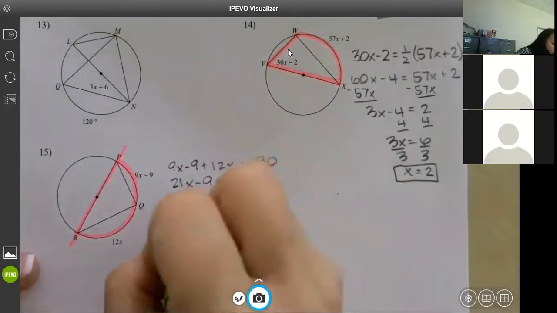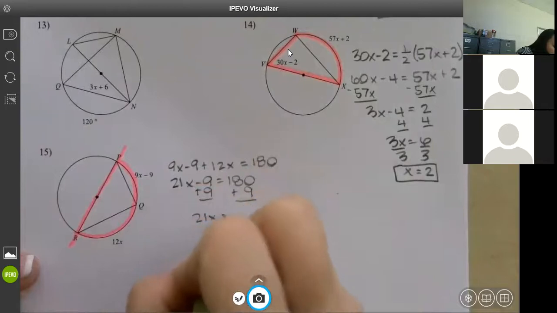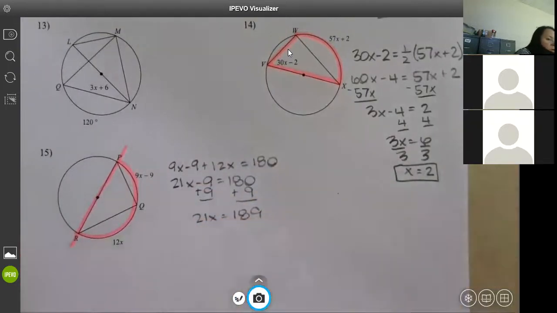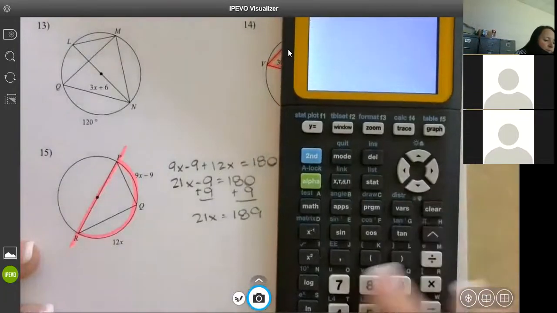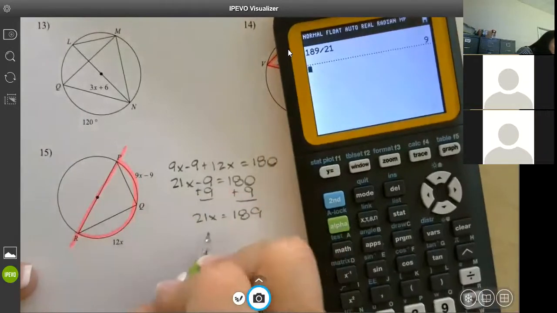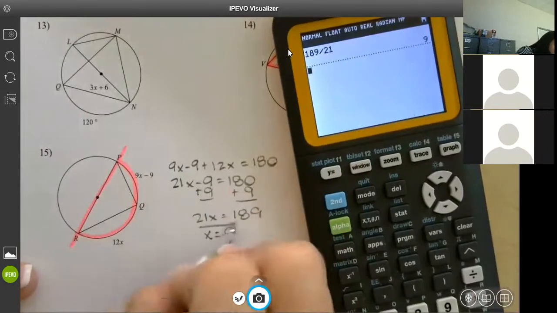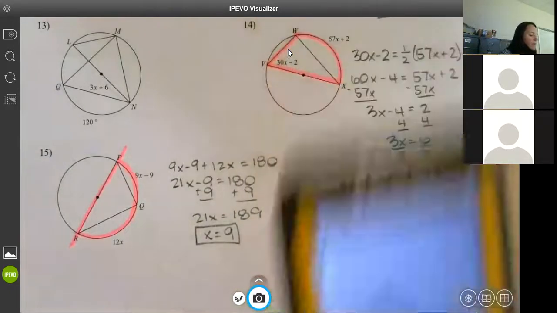We're going to add 9. We get 21x equals 189. 189 divided by 21 is 9. So you're not always going to use the formula. You have to read what they give you. Okay, so just be careful about that.